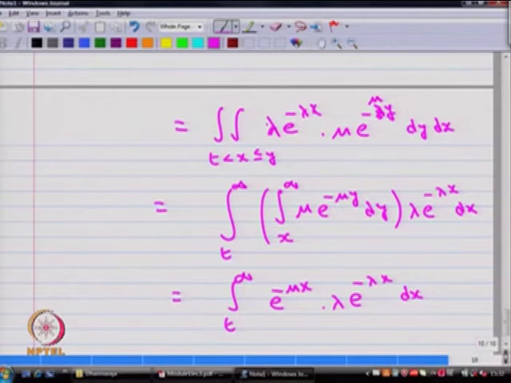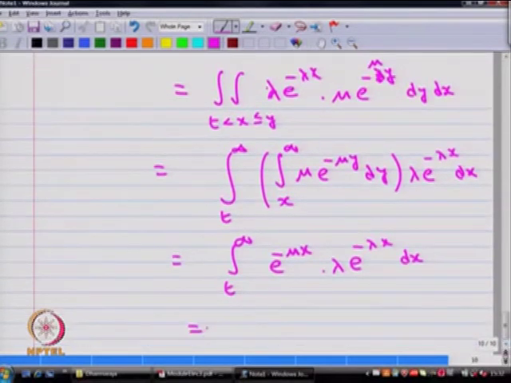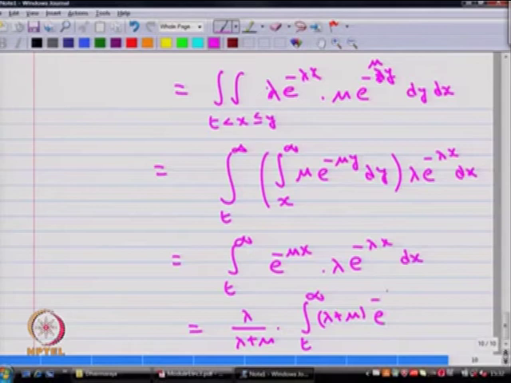If you do the interior integration, you will get e power minus mu x, then the remaining things are as it is. That is same as, you can keep lambda by lambda plus mu outside. This becomes the integration from t to infinity of lambda plus mu times e power minus lambda plus mu x dx.